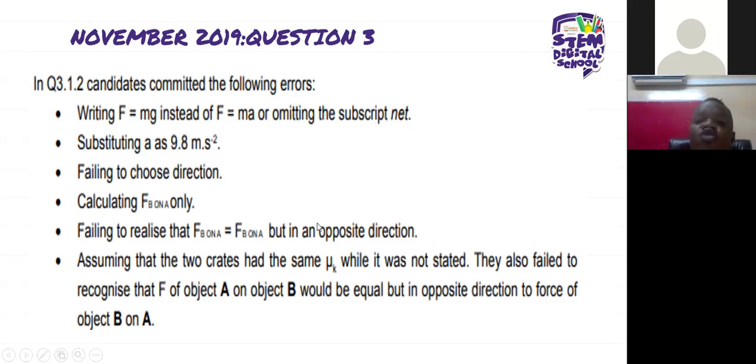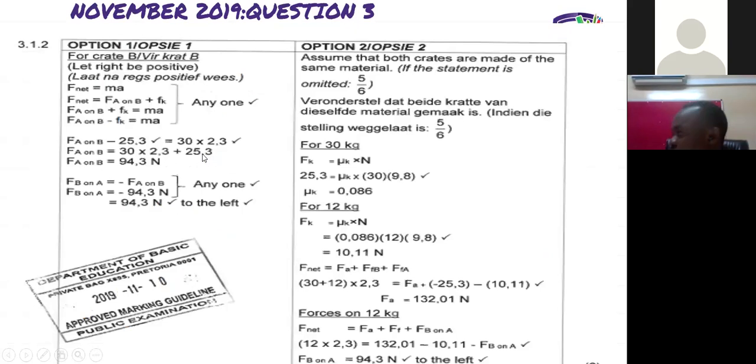And that is why you must use your formula sheet. Some of the learners will be substituting acceleration as 9.8 meters per second squared. In other words, there, the learners are substituting a as 9.8 meters per second squared.